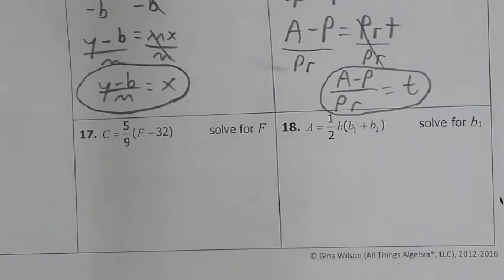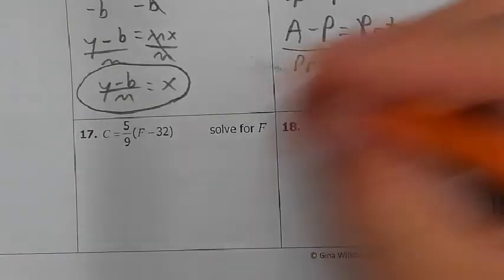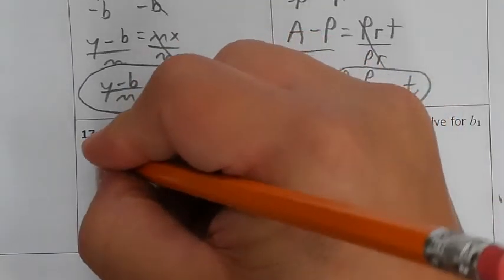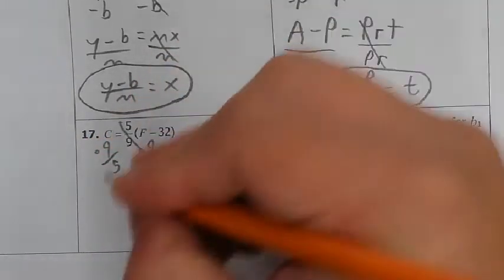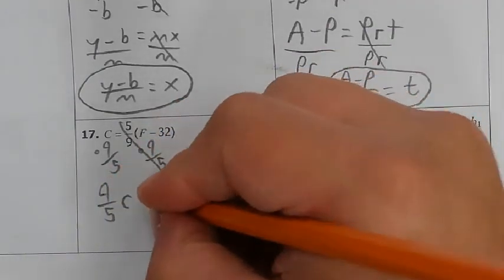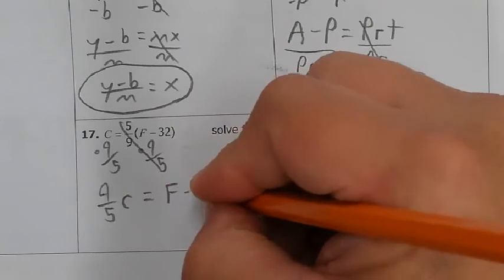All right, now 17, if you remember at the top it says remove fractions by multiplying by the reciprocal. So what are we going to multiply by? 9 over 5, because that's the reciprocal of 5/9. That would give us 9/5 C equals F minus 32.